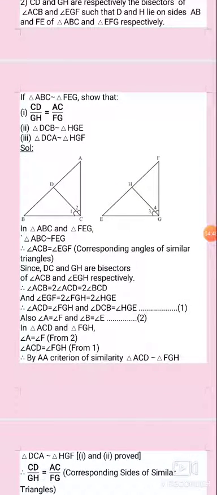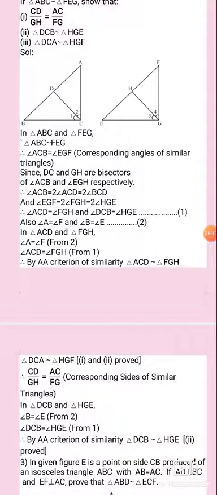Now, triangle DCA is similar to triangle HGF, we needed to prove that. So from that, we proved that, since the two triangles are similar, CD by GH is equal to AC by FG. That is corresponding sides of similar triangles.